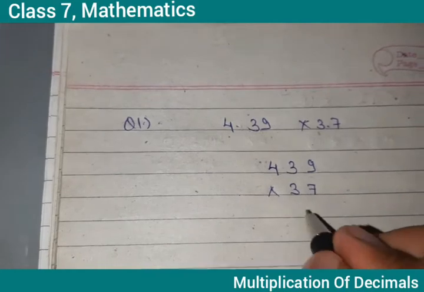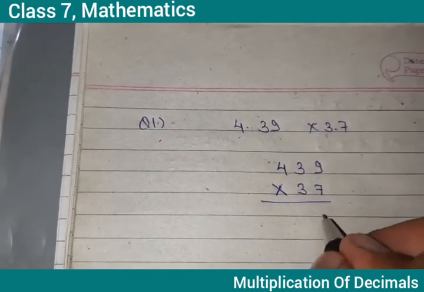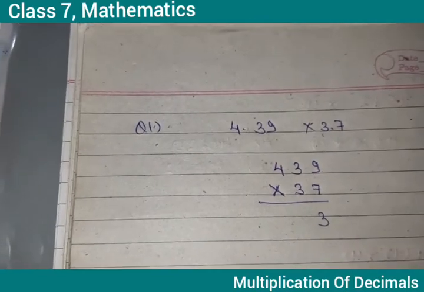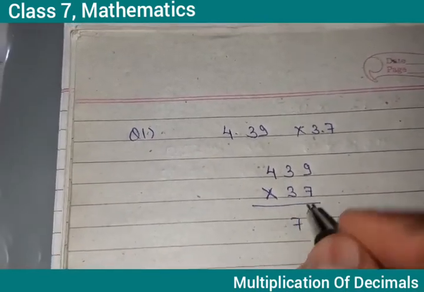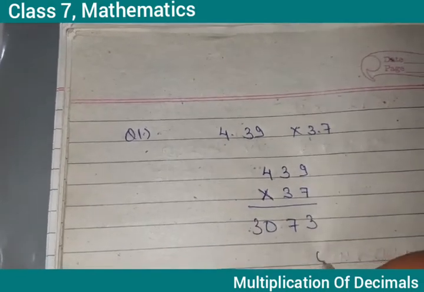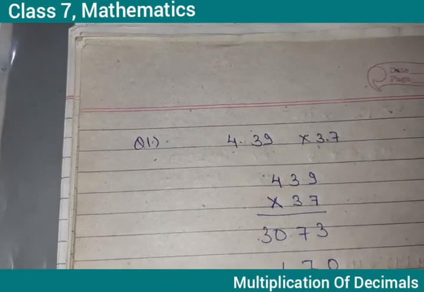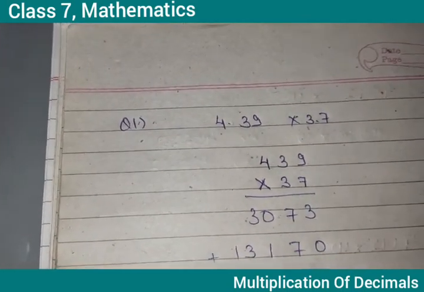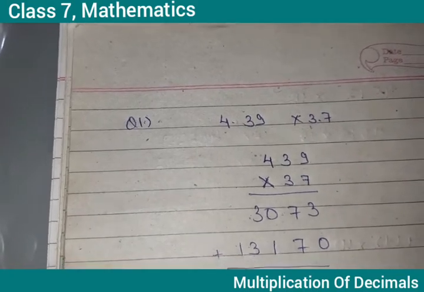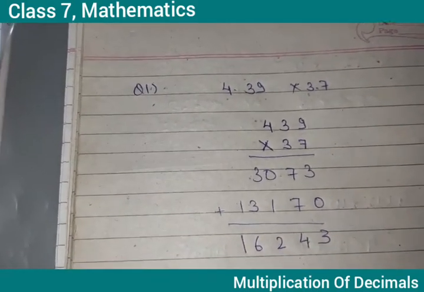Now you need to multiply it. Multiply 7 into 9 is what? 63. 6 carry, 7 into 3 is 21, plus 6 is 27, 2 carry, 7 into 4 is 28, plus 2 is 30, 0, 3 carry. 3 into 9 is 27, 3 into 3 is 9, 11, 3 into 4 is 12, 13. When you add it, we get 16243.